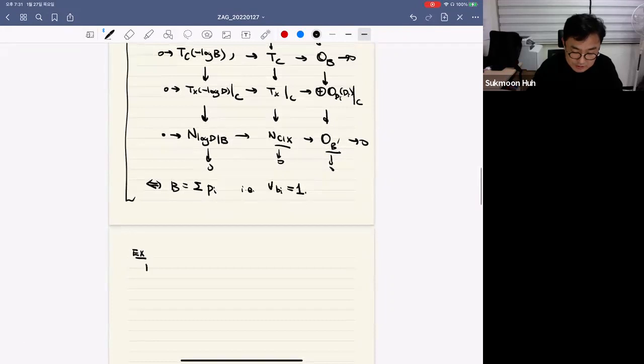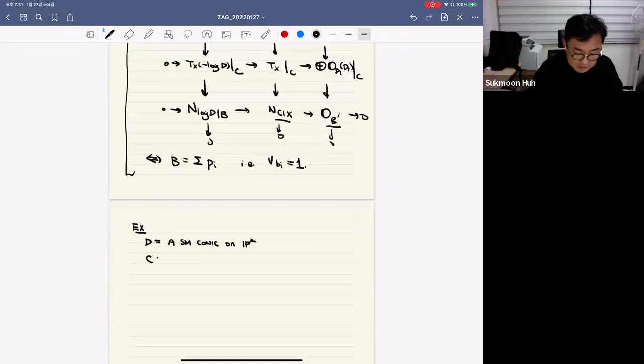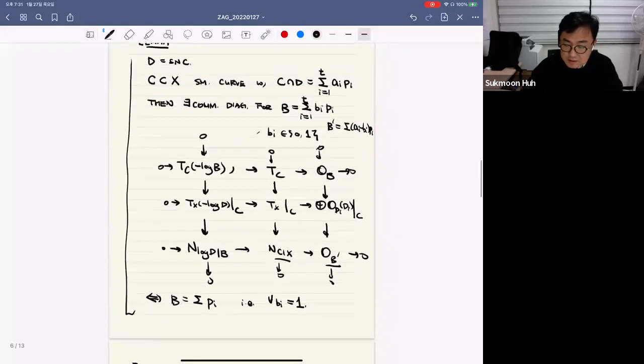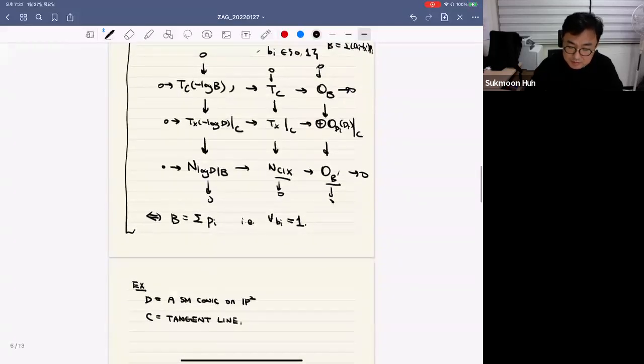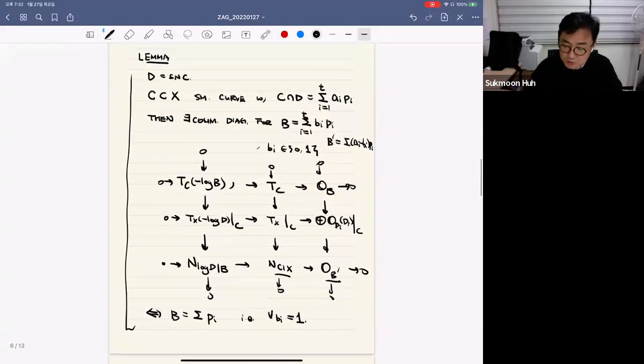So for example, let's consider the plane P2 and a smooth conic on P2. And then let's consider the tangent line to this conic. Right? So that means the intersection of these two curves is 1 point with multiplicity 2. So here we have just the 1 point, O_P.